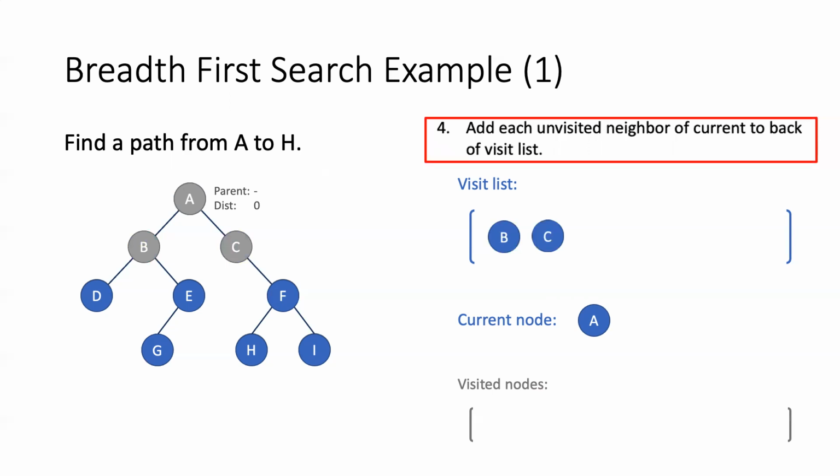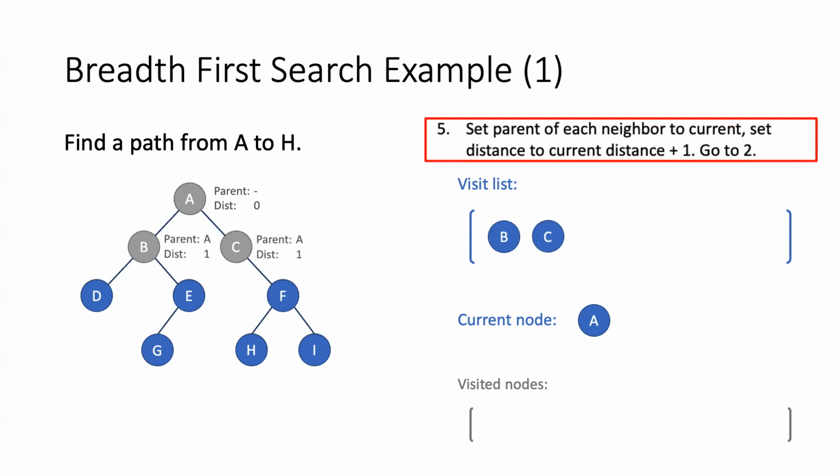And so we add those onto the visit list, and then we're going to update them with the proper routing information. So because they were added on with A as the current node, we're going to say for B and C, their parent in the route is going to be element A, right? So they route back to element A, sort of like leaving a breadcrumb, right? And they are one step away from the start, so we're going to make their distance be 1. All right? Does that make sense?